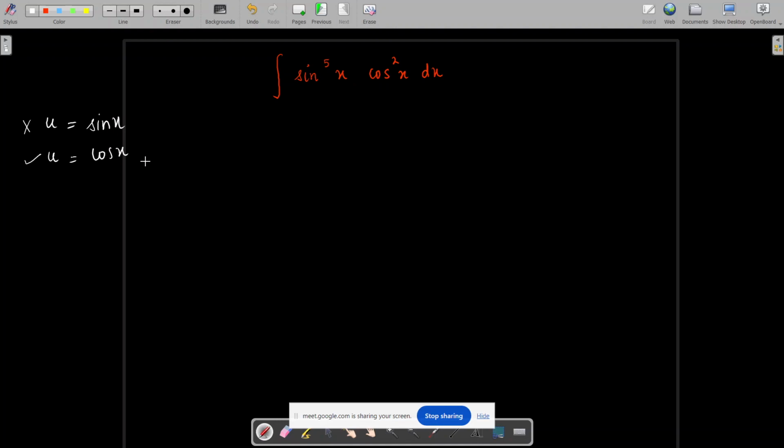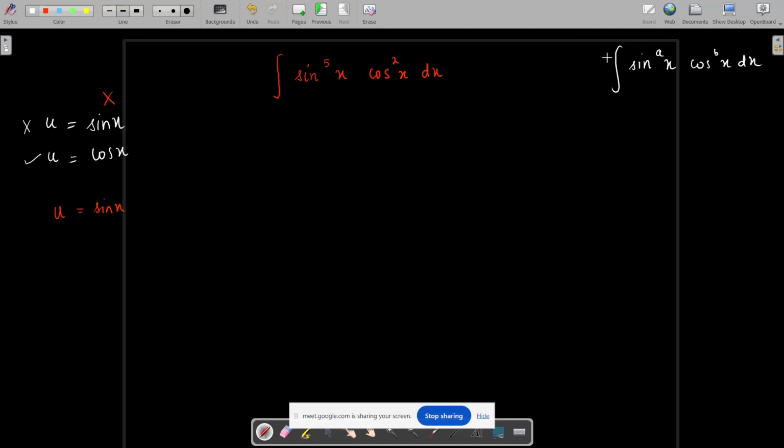But why will this one not work? You should understand why, and I'll explain this to you. Let's just take u as sine of x because I want to show you the derivation of this type of problem, when you have sine raised to ax times cosine raised to bx.